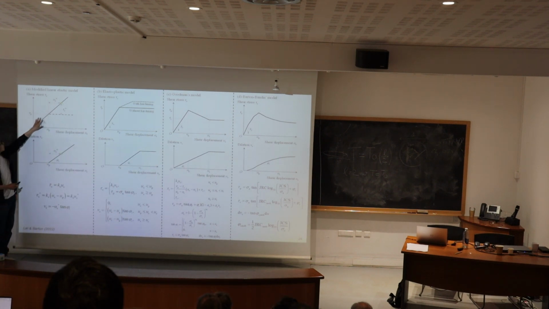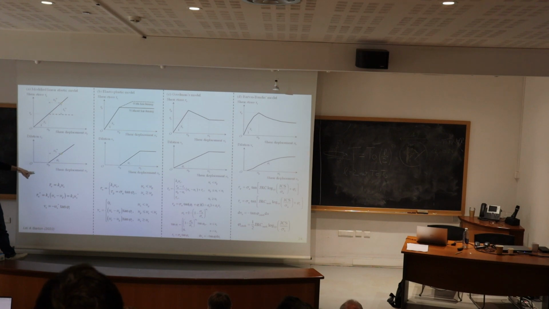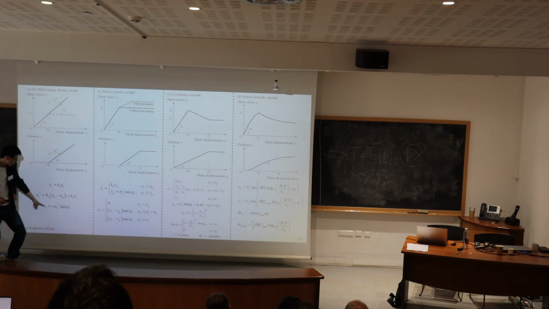So in this case, we define a kind of virtual shear threshold, a shear strength. When the stress reaches this, we further calculate the exceeded shear stress, and this allows us to calculate the shear dilation.